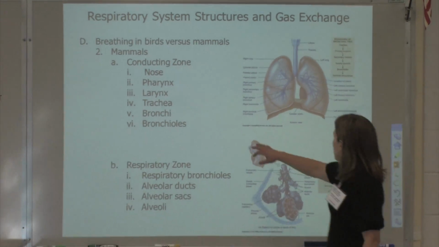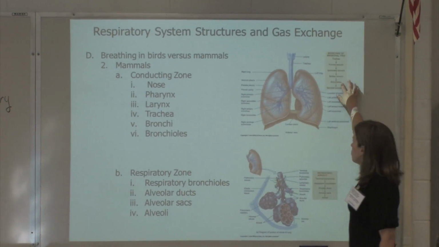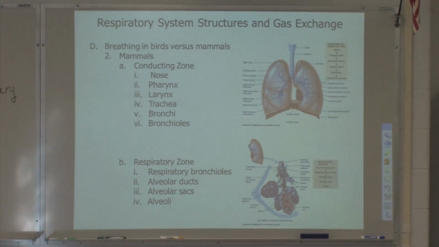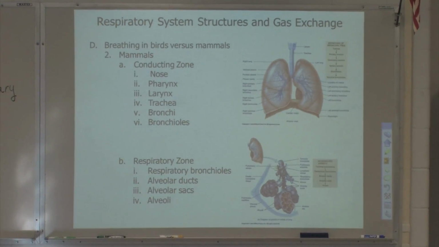And then these tertiary bronchi branch into bronchioles, which is a choice. And the smallest of the bronchioles in the conducting zone are called terminal bronchioles, which is also a choice.